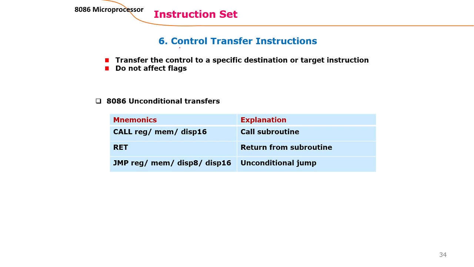Next one is control transfer instruction. Control transfer means we are going to give the control of executing the instruction from one location to another location. Transferring the control to a specific destination or target is considered control related operation.